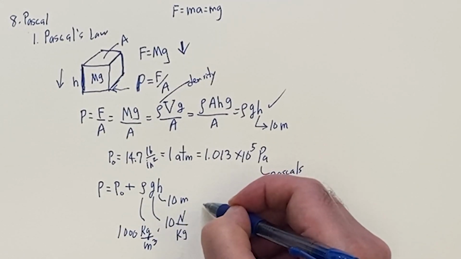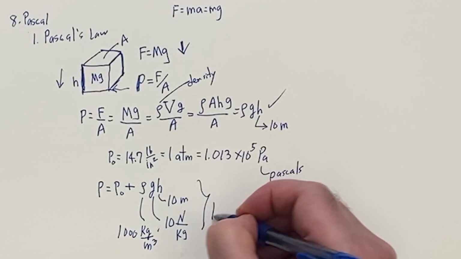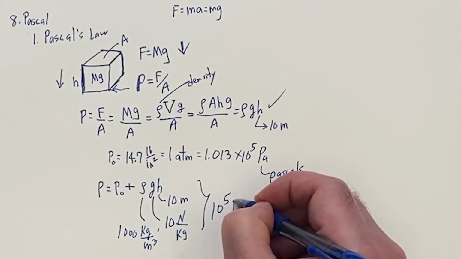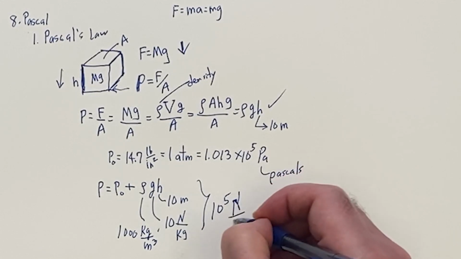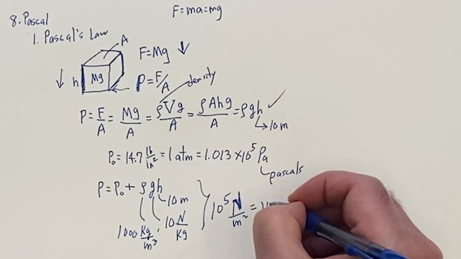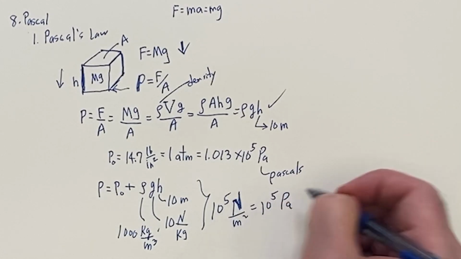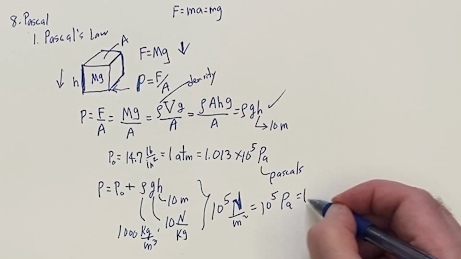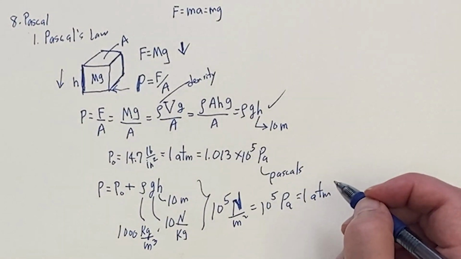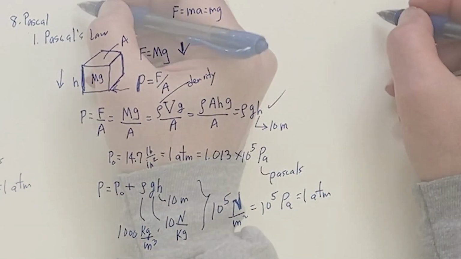And that's cool, because look at that, you get 10 to the 5th Newton per meter squared, and that's named in Pascal's honor as a Pascal. So it's 10 to the 5th Pascals, equal to 1 atmosphere. That's cool. So you may use that somewhere in our course.